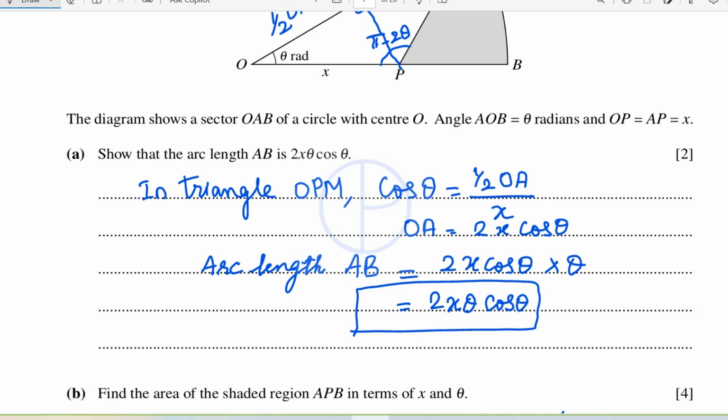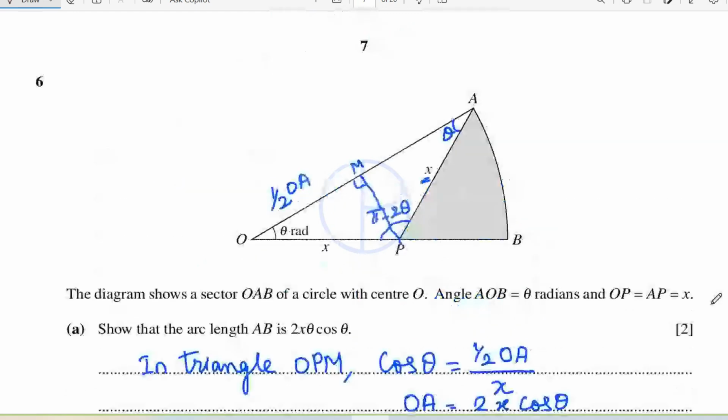The next part of the question is, find the area of the shaded region APB in terms of x and theta. We can calculate the area of the shaded region by calculating the area of the sector minus the area of the triangle.